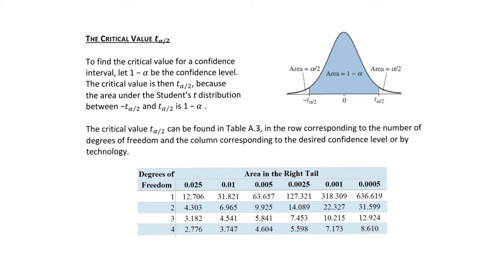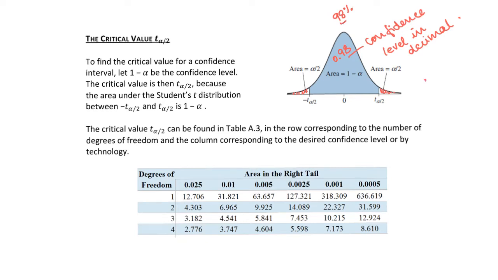The idea behind the critical value is the same as the one for the normal distribution. To find the critical value for a confidence interval with a given level, let's say 1 minus alpha. So this will be the confidence level expressed in decimal. Assume that the confidence level is 98%. So this area will be 0.98. So the remaining area, the sum of these two areas, will be 100% minus 98%, right?